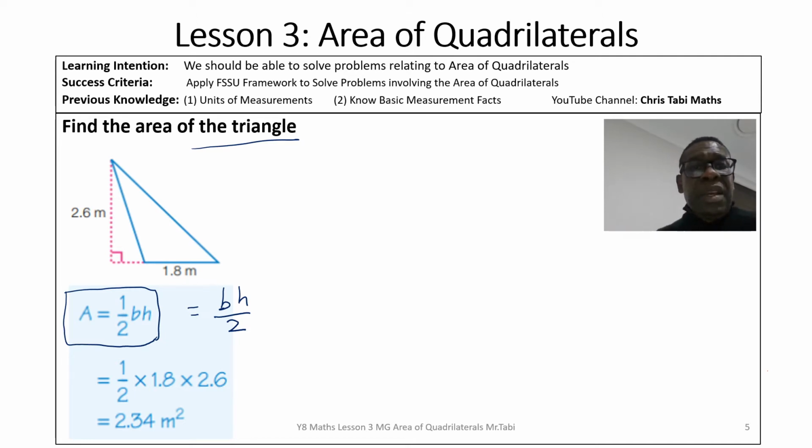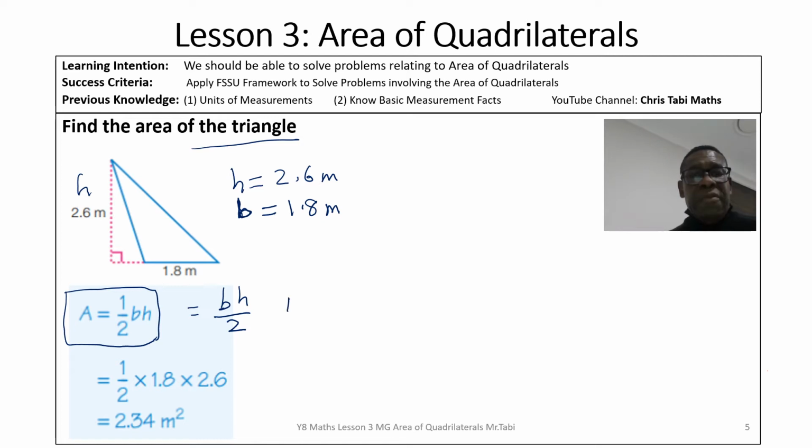Easy. Now, what we know, again, the height is that dotted line we see there. So the height h is equal to 2.6 meters. So the base where that perpendicular comes to equals 1.8 meters.